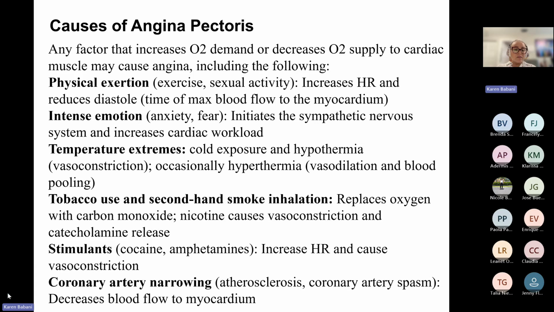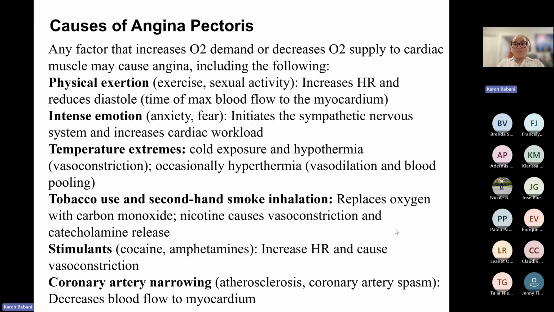Intense emotion. This is the typical, I don't know if you see the novela, and you see the mom getting upset with her kids, and then she says, you're going to cause me a heart attack, and they get the chest pain, and it's very likely a real angina that is precipitated by emotion, by either being very upset, or by having anxiety, or by having fear.